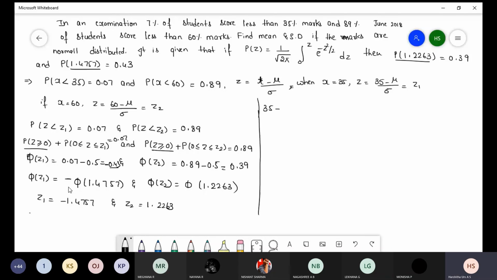So here I write 35 minus mu divided by sigma is equal to minus 1.4757. Again here 60 minus mu divided by sigma is equal to 1.2263.